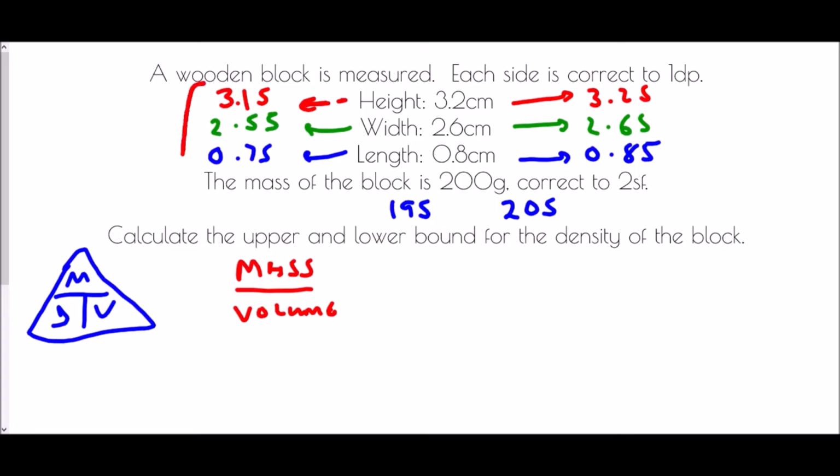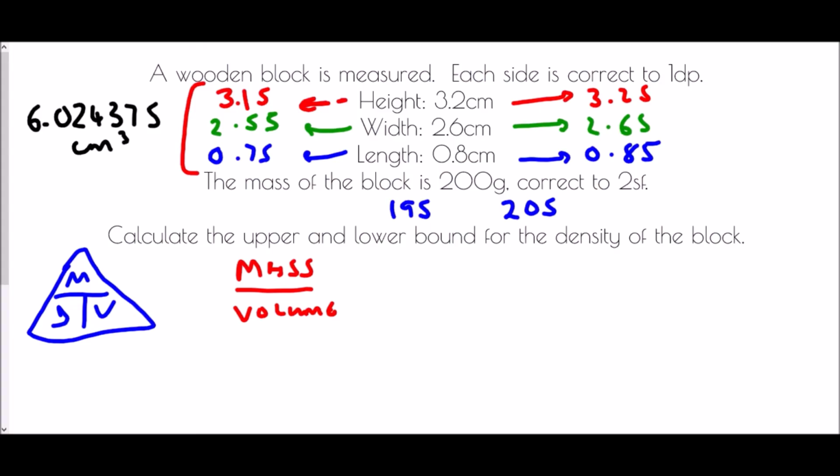So what we need to think about here is, what is the lowest possible volume? Well, the lowest possible volume would come from multiplying the lowest possible lengths. And so 3.15 times 2.55 times 0.75 gives me 6.024375, and that would be the smallest possible volume for this wooden block.